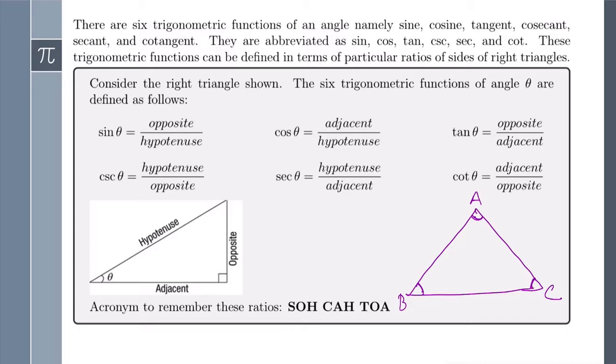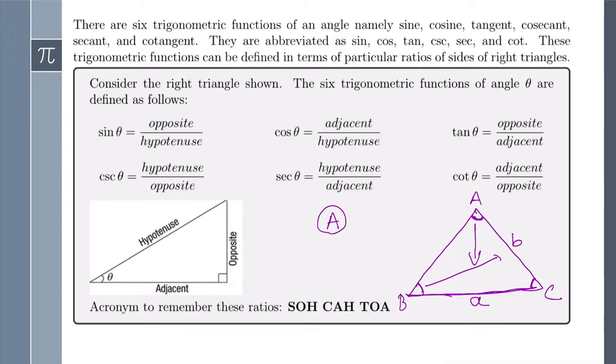If it says angle A, that means the angle at vertex A. Now, to denote the sides, we use lowercase letters, and a side is represented by the letter of the angle opposite from it. The side opposite from angle A, which is side BC, is represented by lowercase a. The side opposite from angle B, which is side AC, is lowercase b.